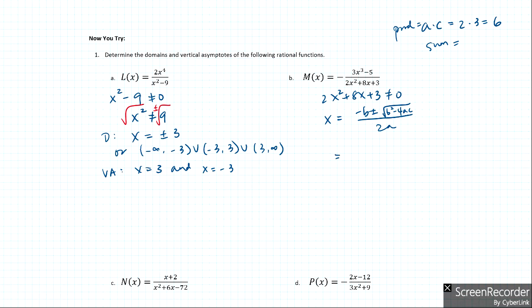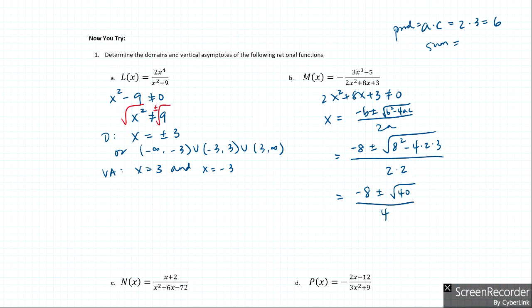And negative b here is negative 8 plus minus square root of b squared, which is 8 squared, minus 4 times 2 times 3. And this is all over 2a, which is 2 times 2. And under the square root, we have 64 minus 24, which is square root of 40 over 4.